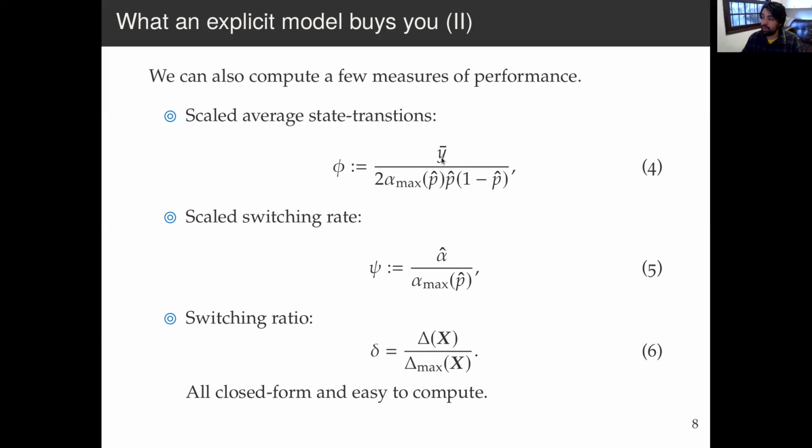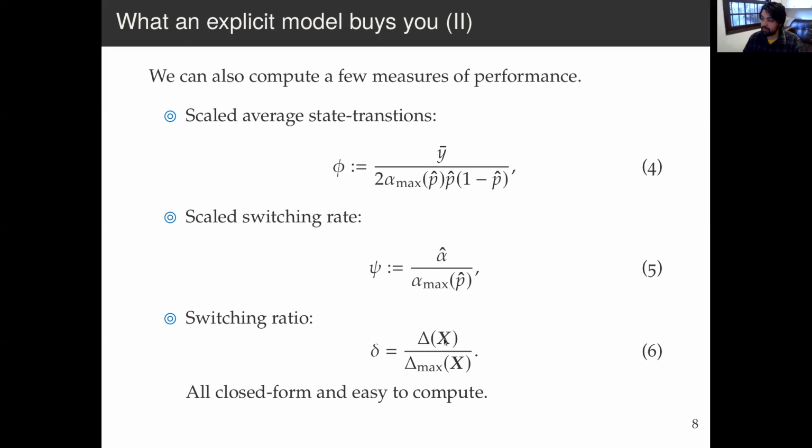But anyway, we can take the average number of transitions, the state transitions, and we can scale that by the maximal number under the model, right? And the closer this is to 1, the more mixing you have, the closer to 0, the less mixing you have. We can do a similar thing with alpha, so we can take the estimate of alpha and divide by the maximum it could possibly be for a given p.